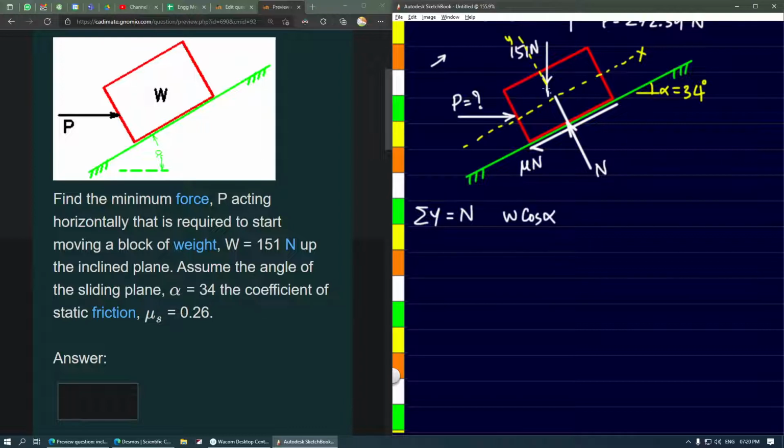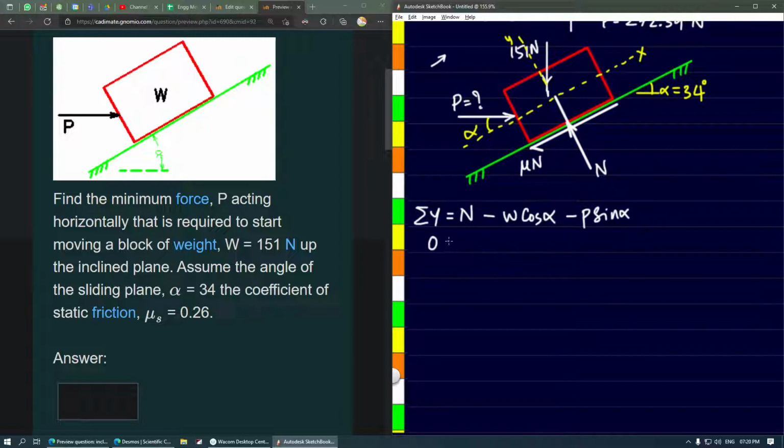So W cos alpha will be acting opposite to Y direction, hence it has to be negative. And P will also have a component in Y direction that is also acting again in downward direction. The angle here is same as this, that is alpha. So the component of P that is vertical is P sine alpha, and of course that is acting opposite to the Y direction, so that is also negative.